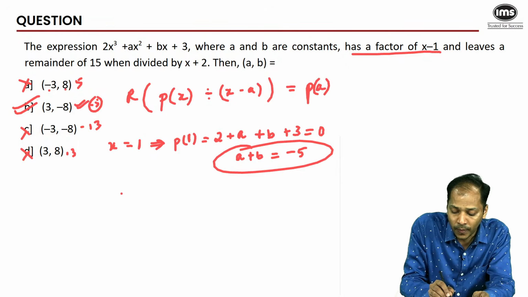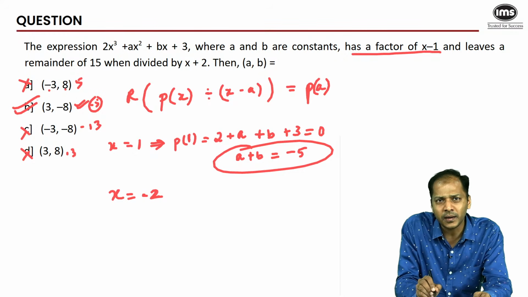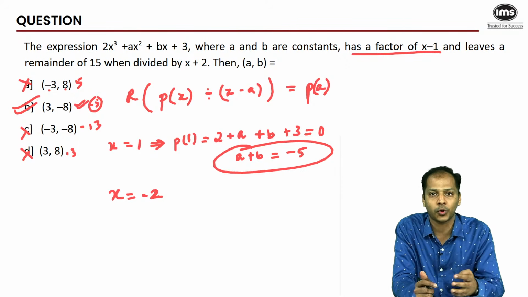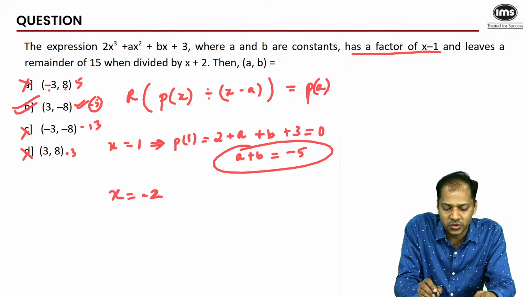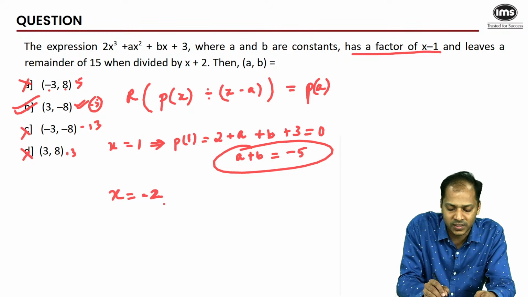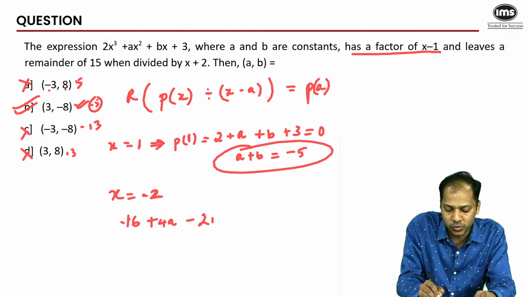However, if you put x equal to -2, you would get the other equation. I'm not solving it, I'll just write it, because sometimes you don't get such convenient options, and you would have to solve it this way. So if I put x equal to -2, I would get 2 into -2 cube, so that's 2 into -8, -16, plus -2 square would be 4a, so -16 plus 4a minus 2b plus 3, and that will be equal to 15, since it leaves a remainder of 15.